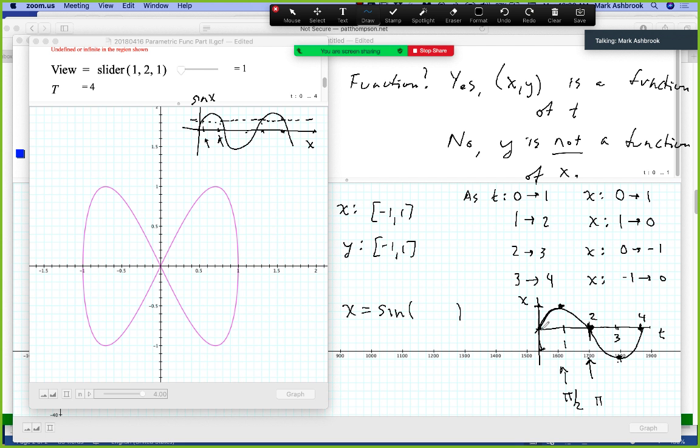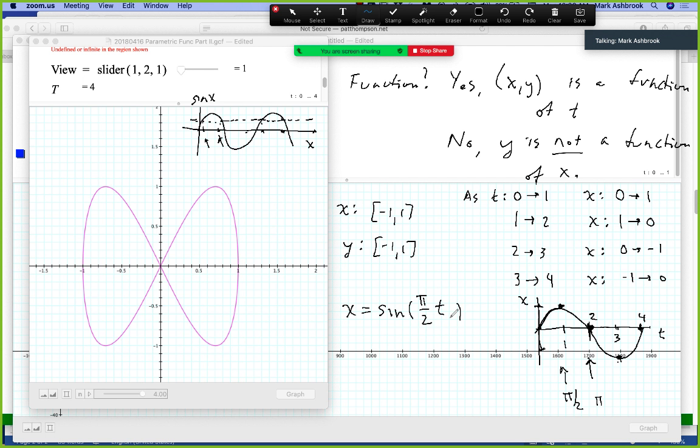And as t goes from 0 to 2, we need the argument to go from 0 to pi so that we do half of a cycle. So what will my argument be? Pi over 2 t. So as t goes from 0 to 1, we go from 0 to pi over 2.